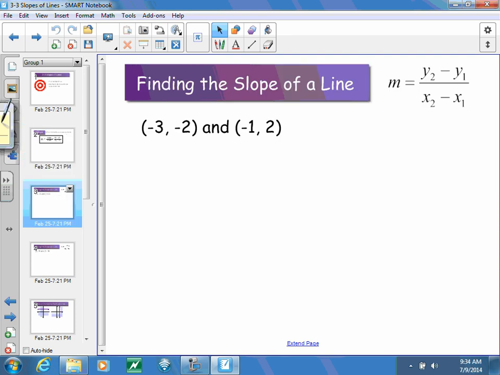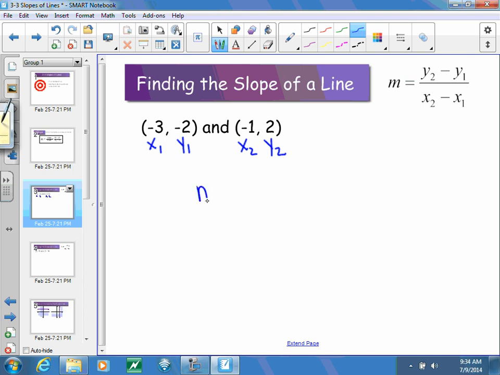So just an example of how to find the slope of a line. You have your 2 points. Something that might be helpful to you if you're not sure what to do is go ahead and label this x1 and this is y1. Here's x2 and this is y2. So now you have your slope, which we're going to take y2 minus y1, so 2 minus a negative 2, and divide that by x2 minus x1, so negative 1 minus a negative 3.